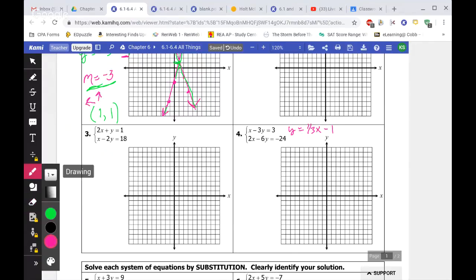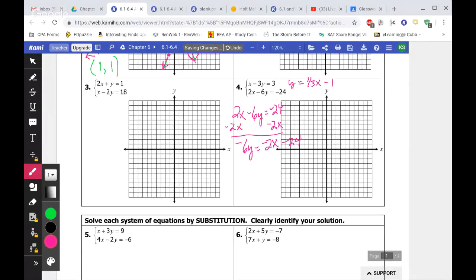All right, this next one, 2x minus 6y equals negative 24. So not in slope-intercept form, so I need to subtract 2x from both sides. That gives me negative 6y equals negative 2x minus 24. Now I'm going to divide everything by negative 6.